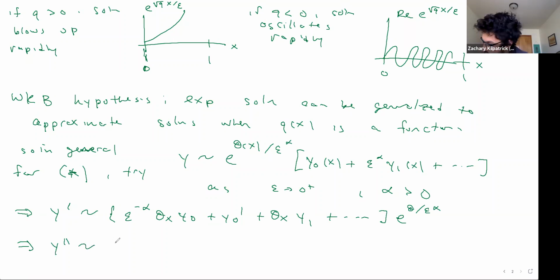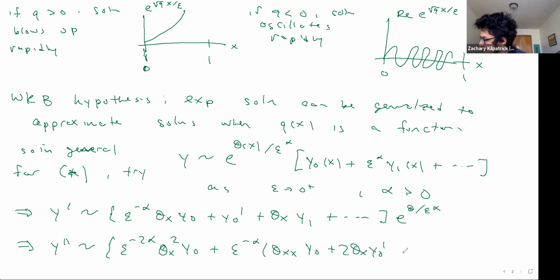And our second derivative is now going to have this epsilon to the minus 2 alpha term, theta x squared y0, plus epsilon to the minus alpha times theta xx y0 plus 2 theta sub x y0 prime plus theta sub x squared y1, and so on, all of this times e to the theta over epsilon to the alpha.